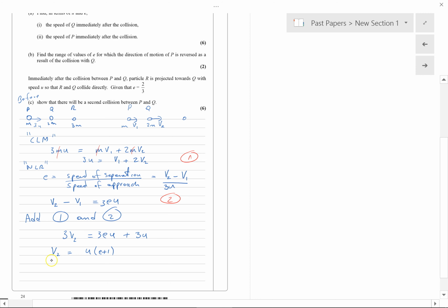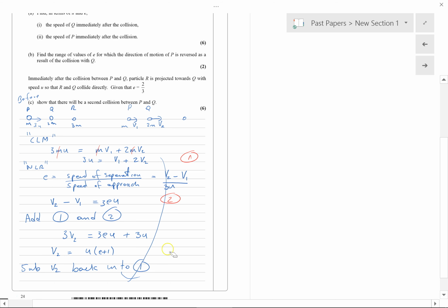So let's just do that. Sub V2 back into either one that we fancy. I'm going to do it into the top one, so into 1.